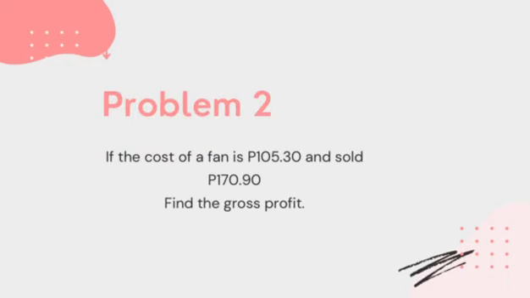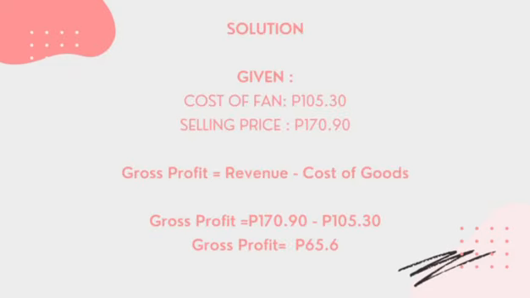Problem number 2. If the cost of a fan is 105 pesos and 30 cents and sold for 170 pesos and 90 cents, find the gross profit. Getting the gross profit is really easy. We just need to deduct the cost of goods from the revenue.